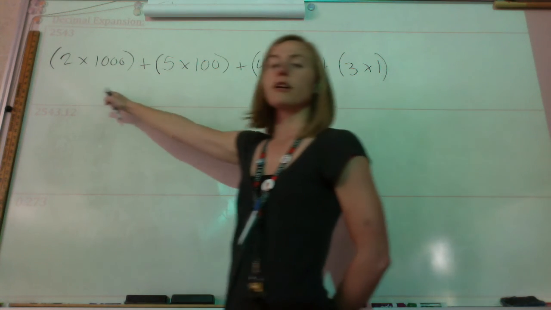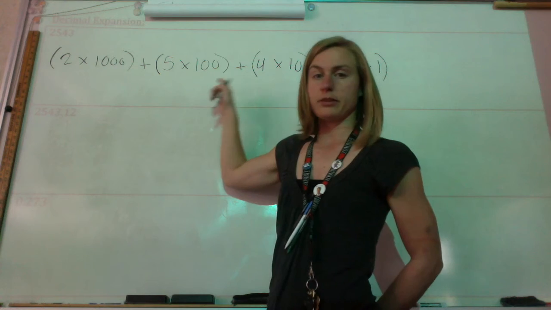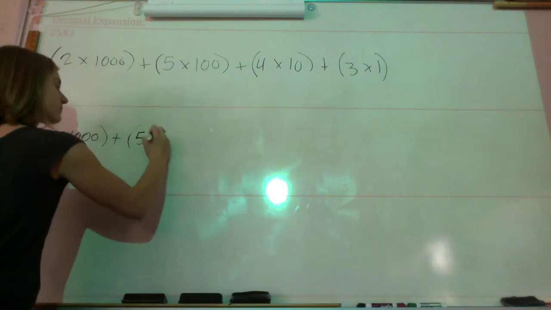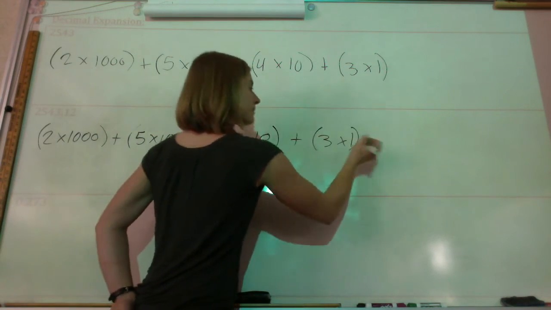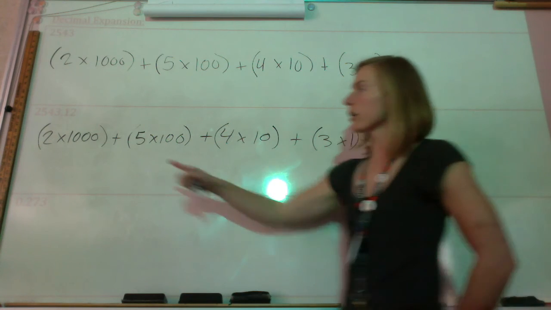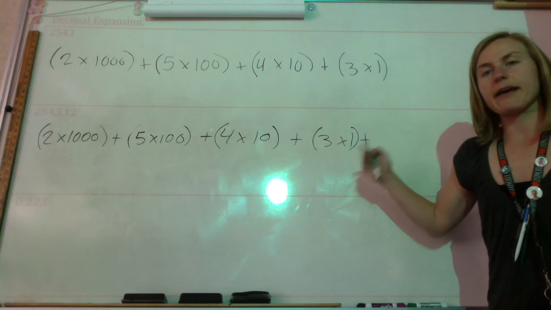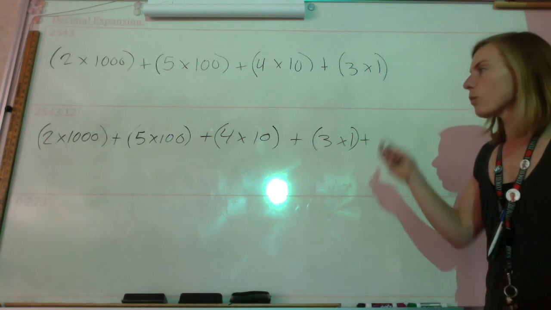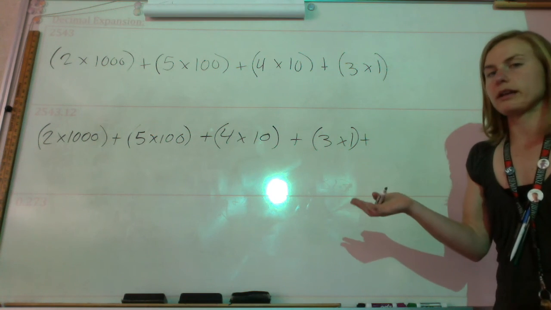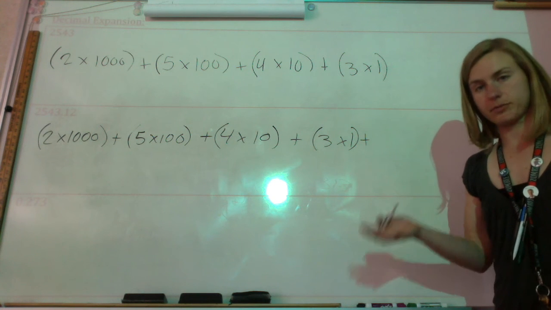Obviously, the first 4 parts of it are exactly the same, so let's copy that down. So all of it's the same because we still had our 2,543, but now we need to add in that 0.12. So what place is that 1 in? That 1 is in the 10ths place.